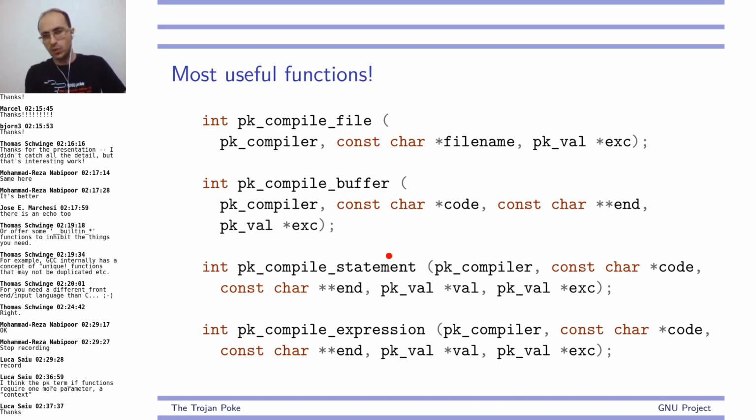If you want to just compile and execute a statement, you can use this function. If you want to do it for expressions, you can just use this function. And all of them have a return value here. You see a pointer to pk_val, which is an exception, if the code terminated by an unhandled exception, so we can report it to the API user.